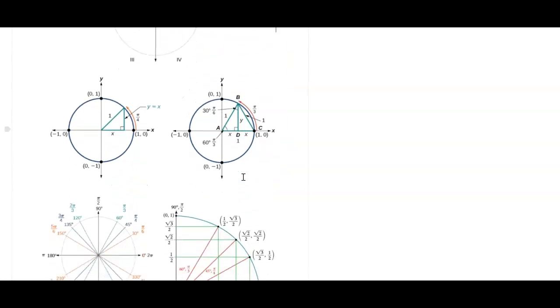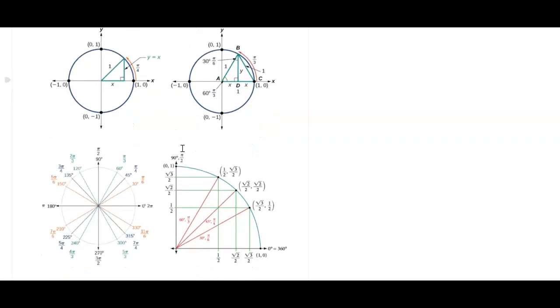For specific right triangles, here is another graphic to make sure that you know how these angles are created and the 3 special angles to know in each quadrant. So if I want to find pi over 4, then that does make a 45, 45, 90 triangle, where these two are the same, and that x is equal to y.